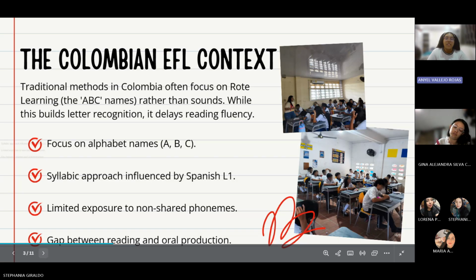Because Spanish is a highly phonetic language, students often apply Spanish pronunciation rules to English, and as a result, many learners can recognize words when reading, but they struggle to pronounce them correctly or read independently. Next, please.